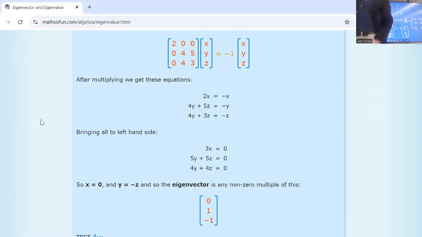So that's expected. In any case, the only thing you know is that the second component and the third component are negatives of each other. So you select arbitrarily y equal 1. If y is equal to 1, z is minus 1. This is one possible eigenvector. But I could have put here a, minus a.